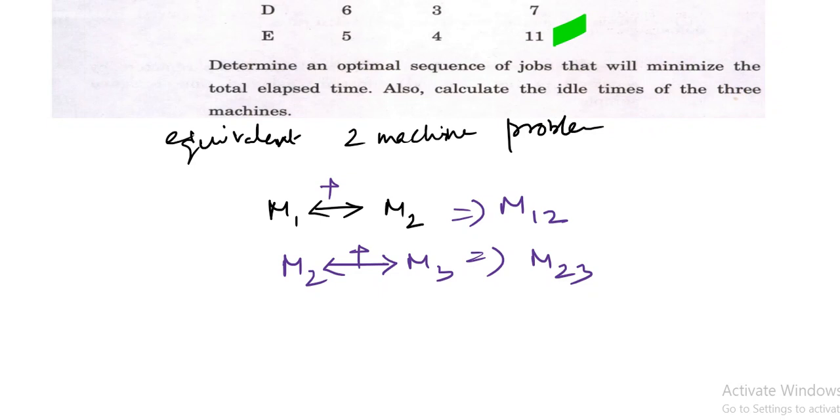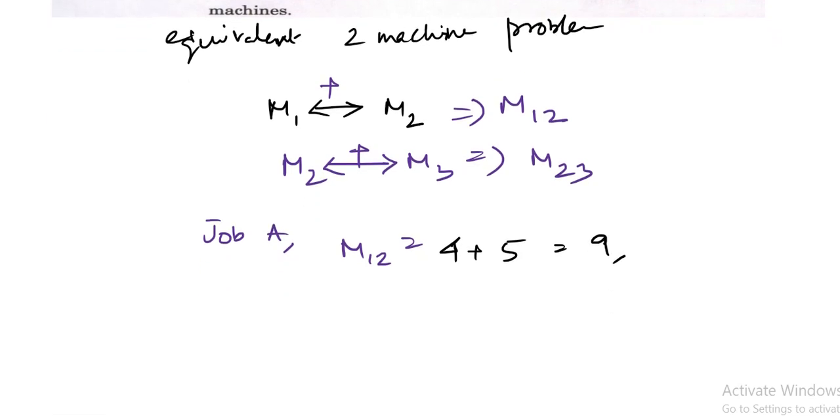For each job we calculate M12 and M23. For job A, M12 is M1 plus M2, that means 4 plus 5, total 9 hours. And M23 is M2 plus M3, that is 5 plus 8 equals 13.